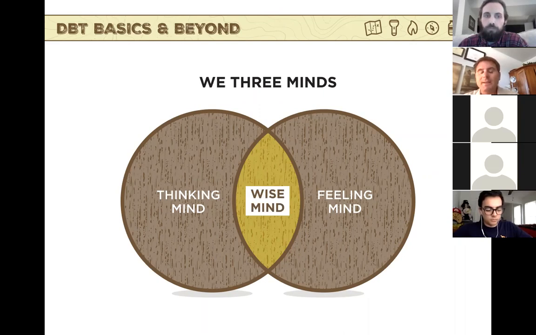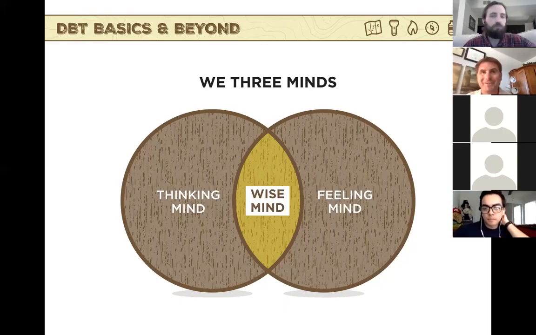So DBT has this idea of a thinking mind and a feeling mind. And actually, in the original, and still the current DBT lingo, the thinking mind is called the reason mind or the rational mind. And the reason I don't like that phraseology is because what does that imply about the feeling mind, the emotion mind, right?